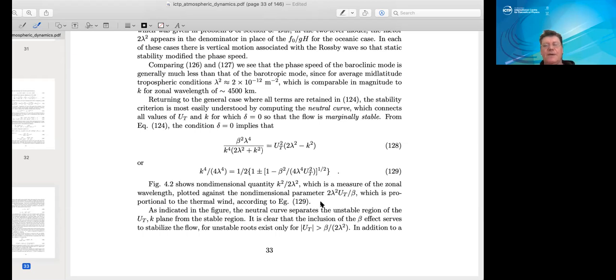So we can draw this limit of stability. We can draw one against the other, the wave number against the baroclinicity, this wind shear with height.